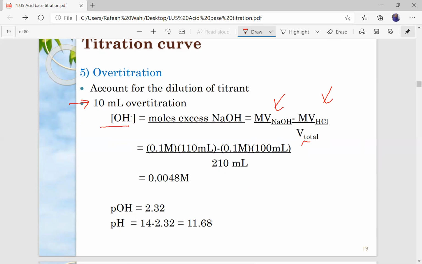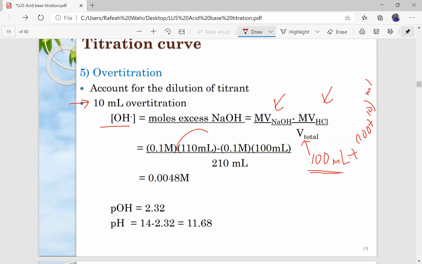The total volume is the volume of analyte, which is 100 ml, always 100 ml plus the volume of over titration. At the equivalence point, you already have 100 ml, so 100 ml plus 10 means you have 110.